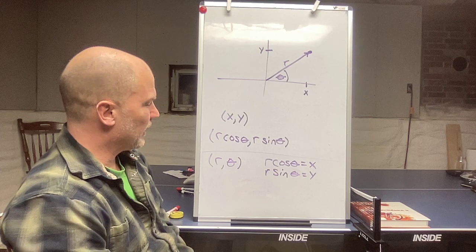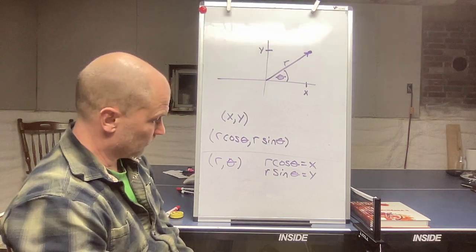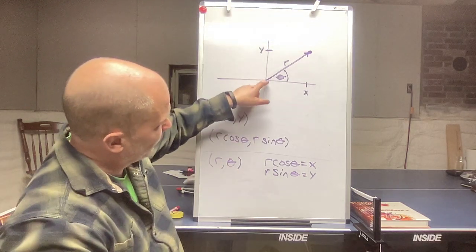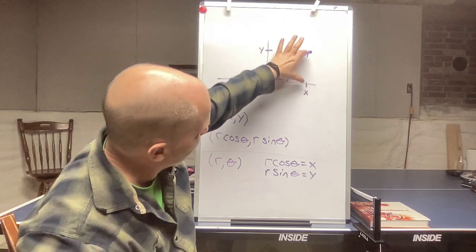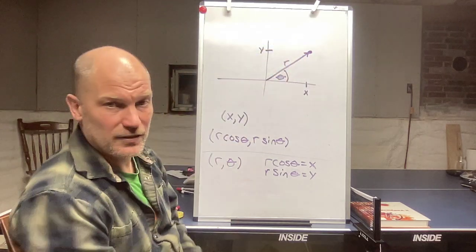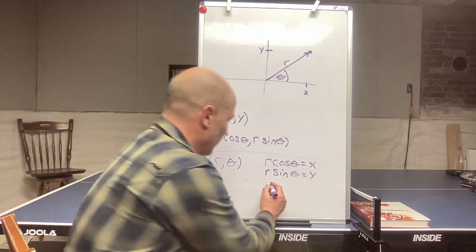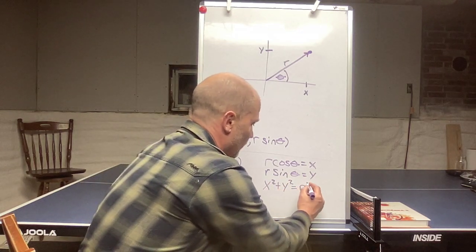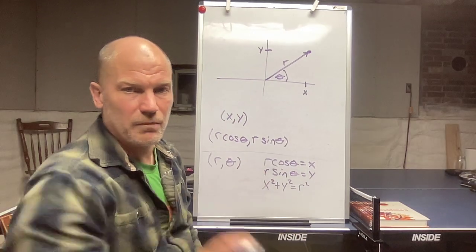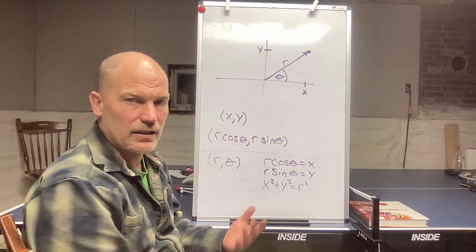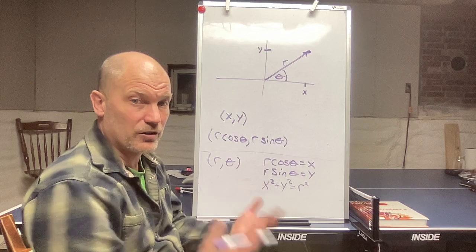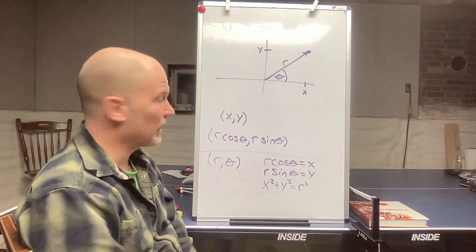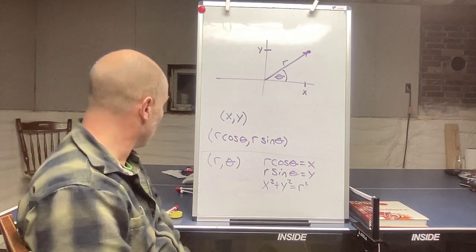And we also know that this squared plus this squared equals this squared because of the Pythagorean theorem. So x squared plus y squared equals r squared. So those are our big formulas that we need to know and be able to use in order to convert from one type of coordinate system to another.